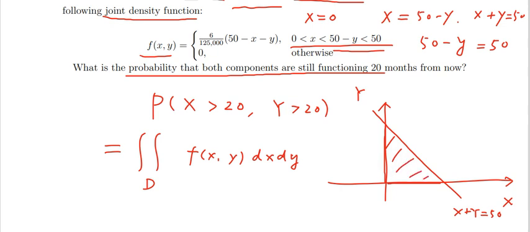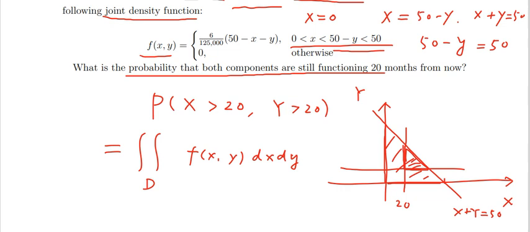So this is the total region. And here x larger than 20 and y larger than 20. So here's 50, 20. x larger than 20, this part. y larger than 20. Okay, so we integrate over this part.